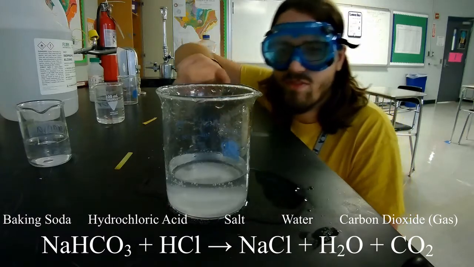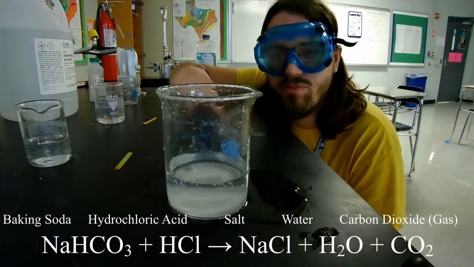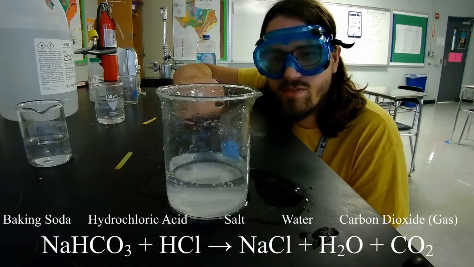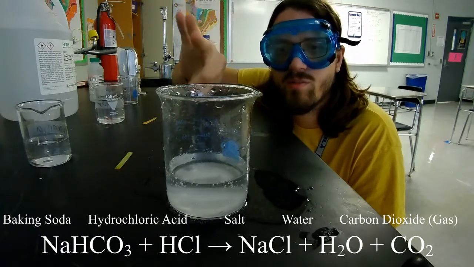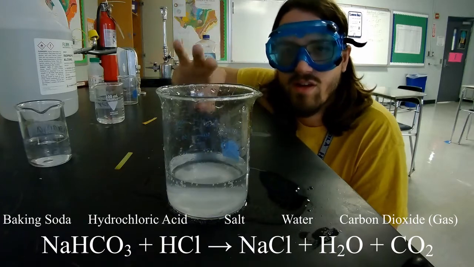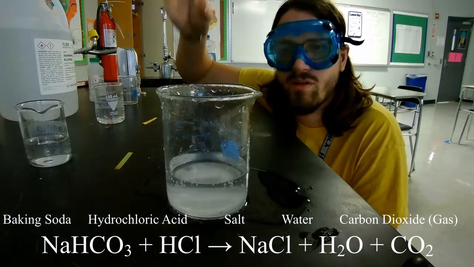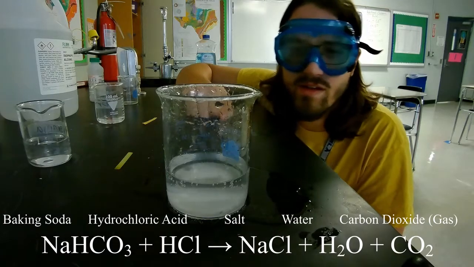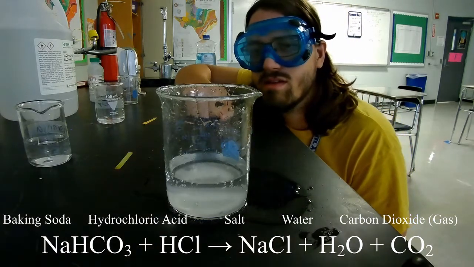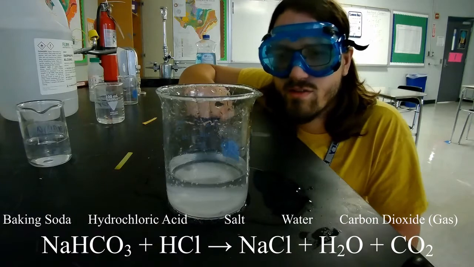In the process, though, a bit of carbon dioxide breaks off, and so this reaction results in three things: salt, water, and carbon dioxide. The carbon dioxide has to bubble out of the solution, and that's the violent reaction that we just saw there. Pretty neat. Let's record what we saw and explain why it happened.